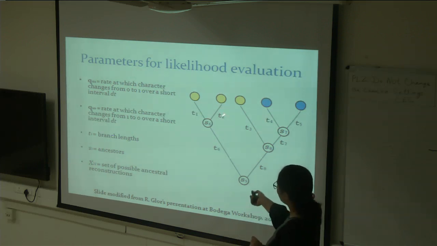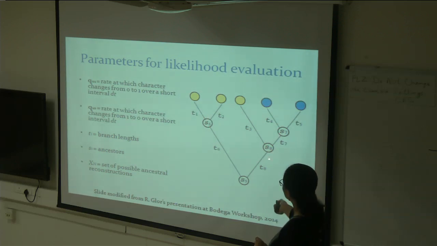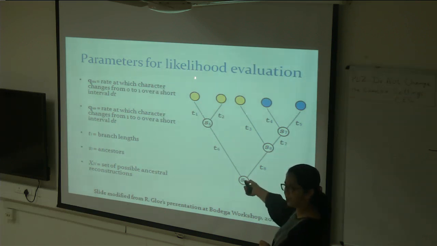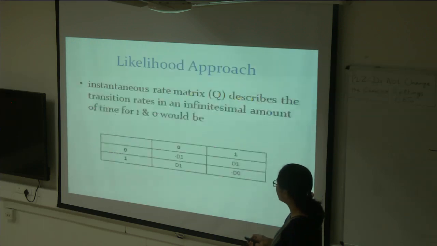And then you have these branch lengths and you are interested in reconstructing the ancestral states. The aim is to find the maximum likelihood that would explain the observed data, with a reconstruction of the ancestral state having the maximum likelihood score to explain the current data.